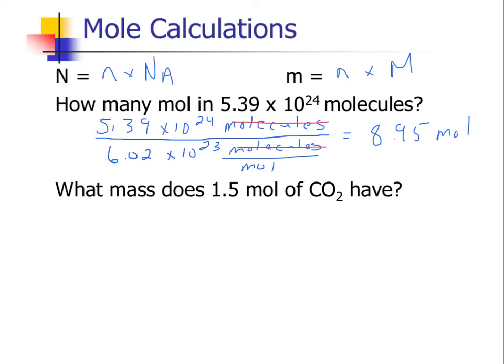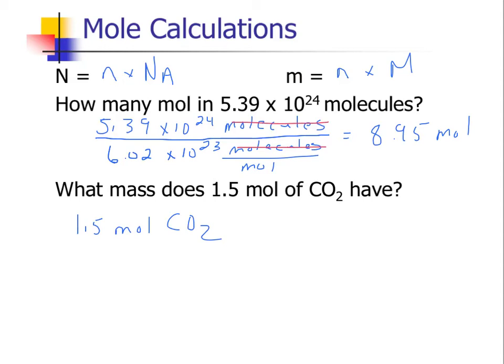For the second example, what mass does 1.5 moles of CO2 weigh? Well, I'll have to use the second equation for that, and I'm going to be solving for little m, mass in grams.